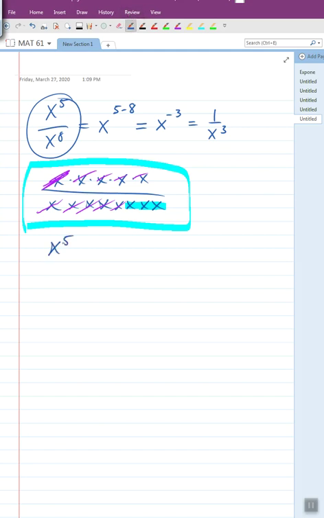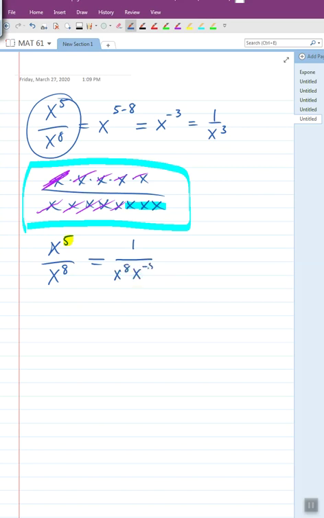When I see x to the 5th over x to the 8th, rather than do the subtraction like we did up here at the top, what I do is mentally figure out which one of these exponents is smaller. Well, it's definitely the one in the top, right? And so what would happen if I moved just that one to the bottom?